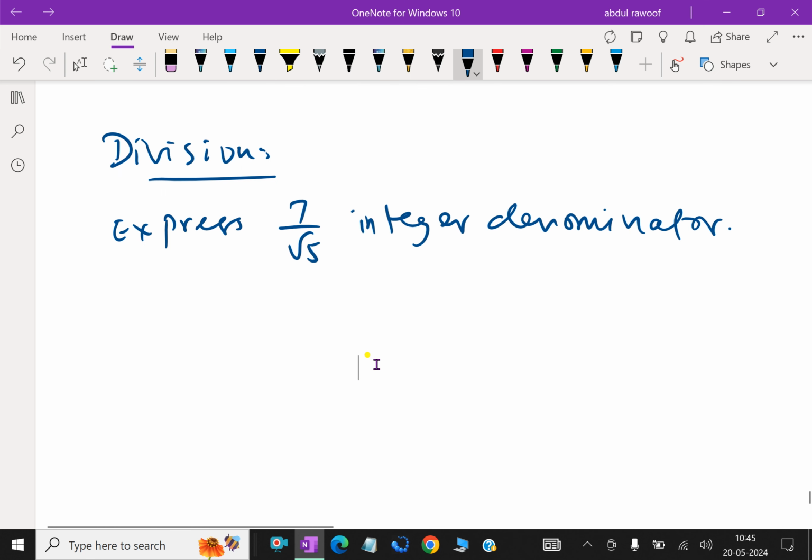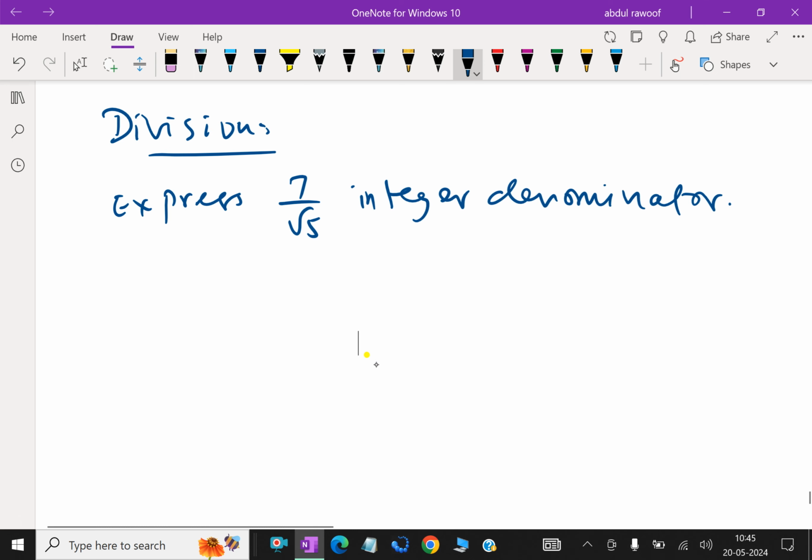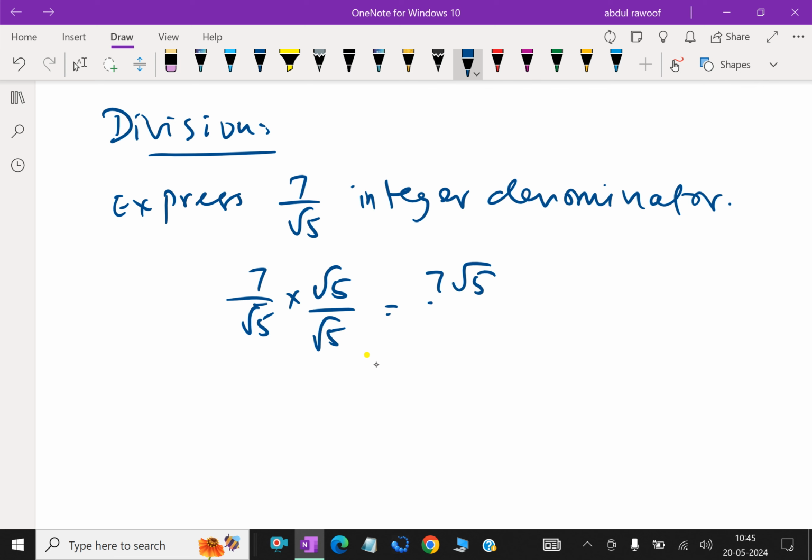For this, we have to rationalize the denominator. 7 over root 5, multiply up and down, that is numerator and denominator, by the same as the denominator, which is root 5 over root 5. 7 root 5 over root 5 into root 5 is 5.